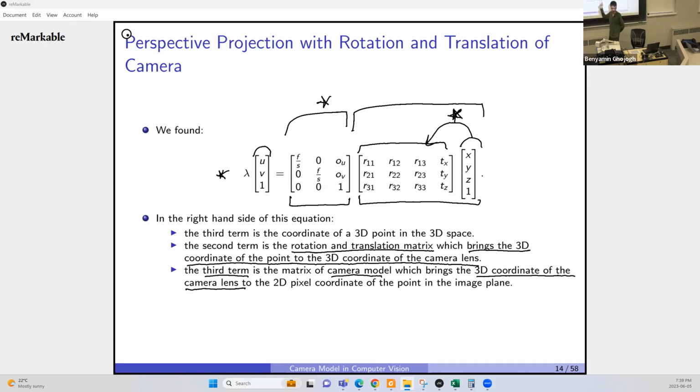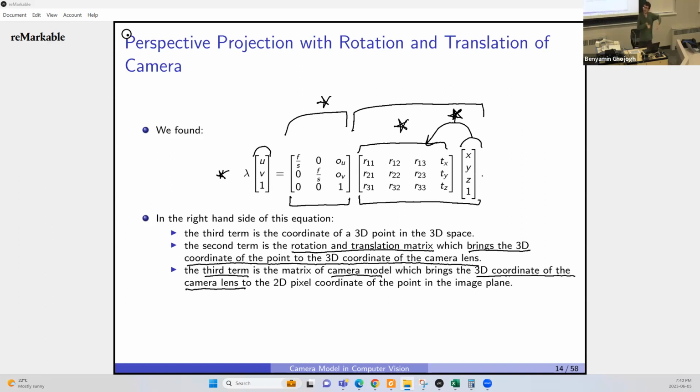It's called intrinsic characteristics because it brings the unrotated, untranslated 3D coordinate to the 2D image. This is exactly the intrinsic characteristics of the camera. This is extrinsic characteristics, the rotations and translations, because it's not inside the camera.